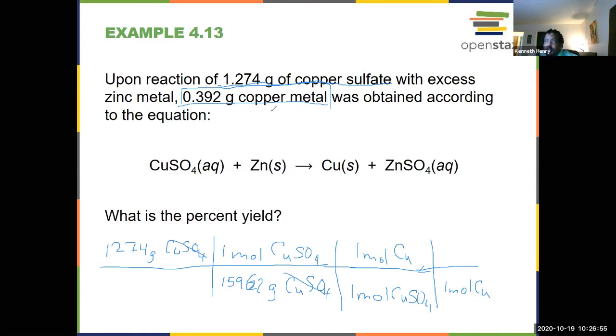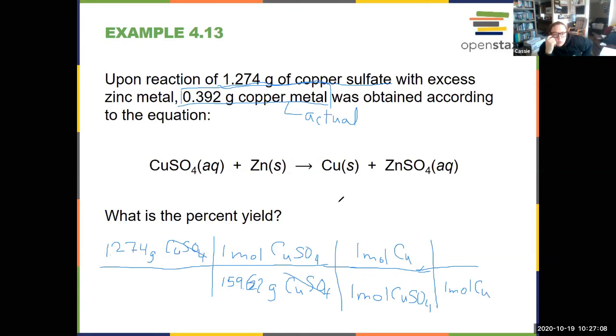And so this is our actual. So how do I calculate my theoretical mass? I have 1 mole of copper. How do I calculate the mass of that copper?